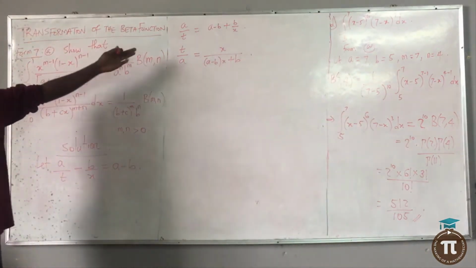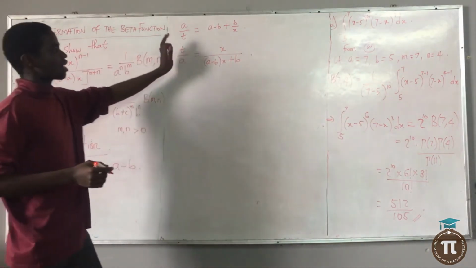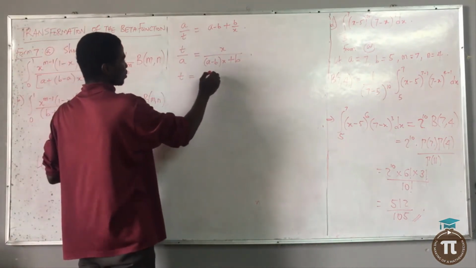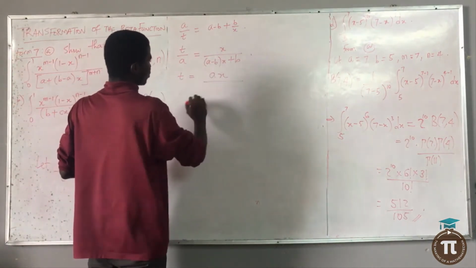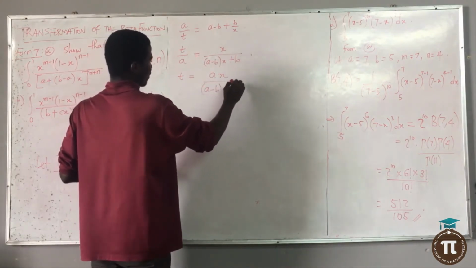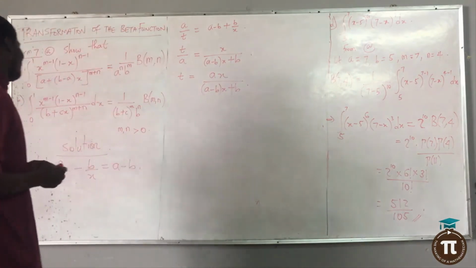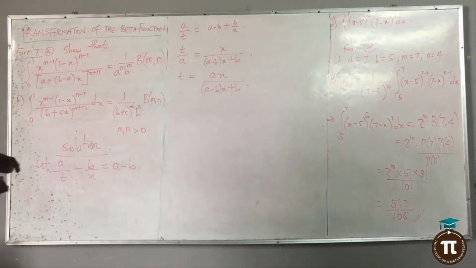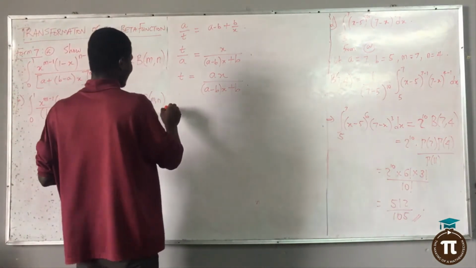So I reciprocate both sides so that t will now be equal to as over a minus bs plus b. That is the first substitution to make, so that you will get the bound when s is 0.